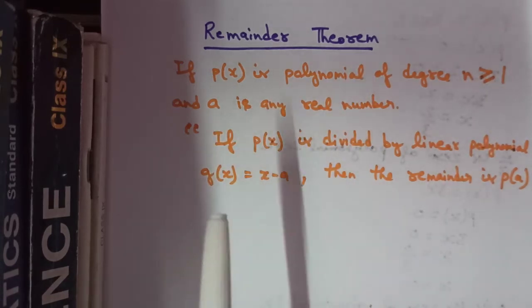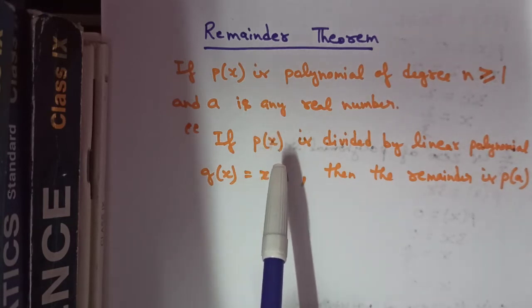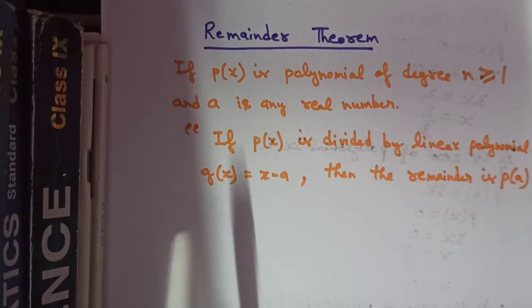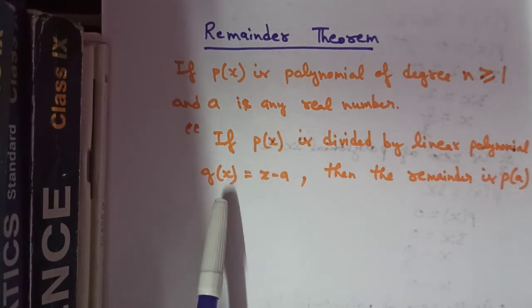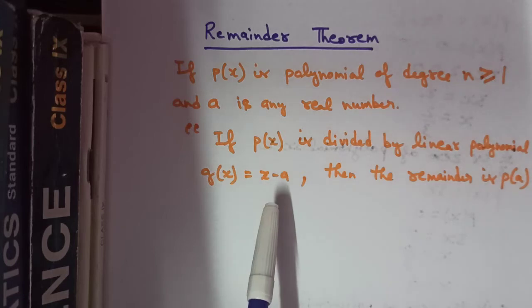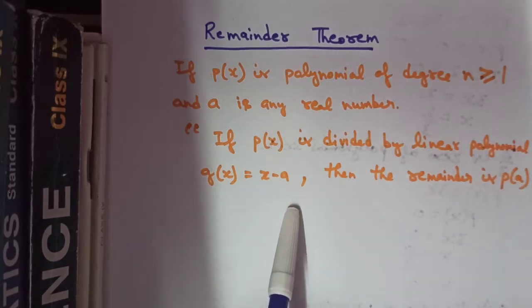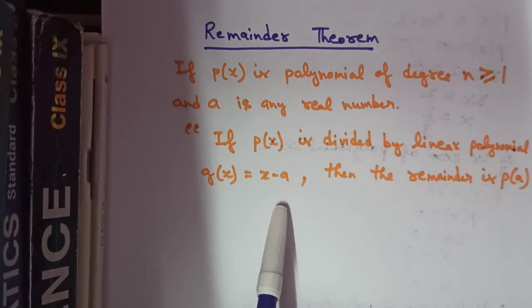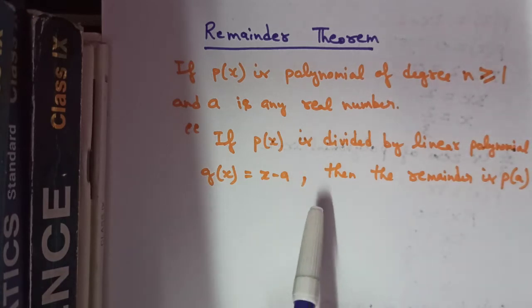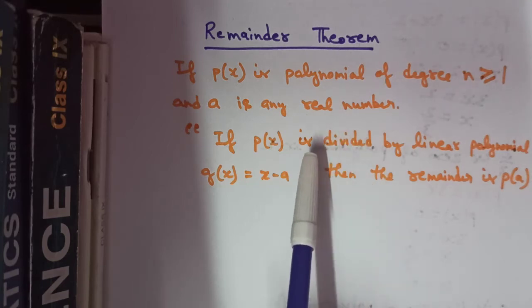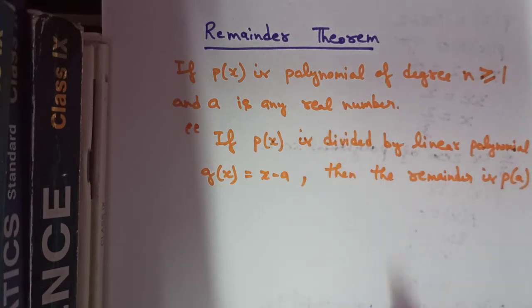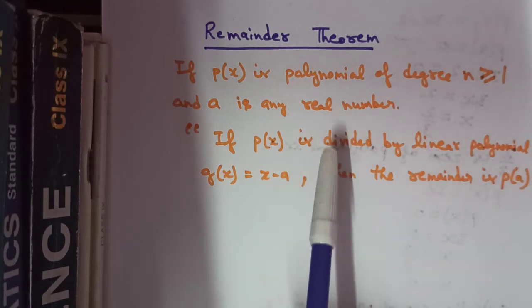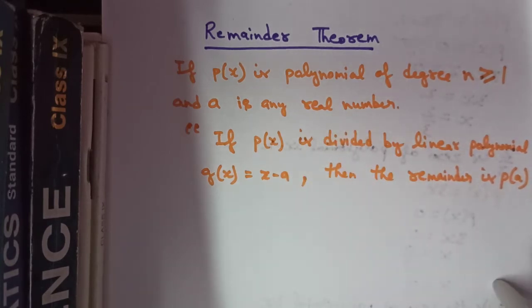Then according to the remainder theorem, if the polynomial p(x) is divided by linear polynomial g(x), so I have taken the value of linear polynomial g(x) as x minus a, means we can directly say that if polynomial p(x) is divided by x minus a, where a is any constant or a is any real number, then the remainder of the given polynomial is equal to p(a). That is, the remainder of the given polynomial will be equal to the polynomial p(x) at x equals a.